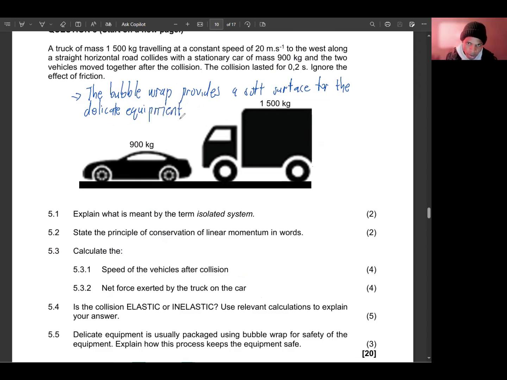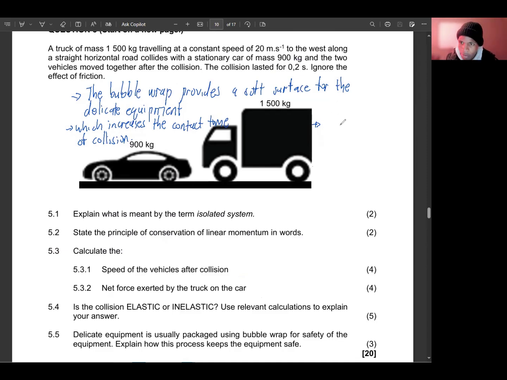The bubble wrap provides a soft surface for the delicate equipment, which increases what? Which increases the contact time of the collision, right? And then in a way, it does what?